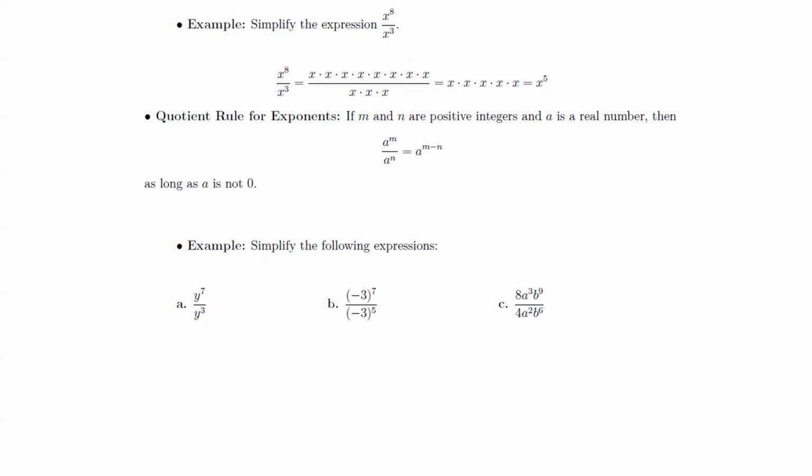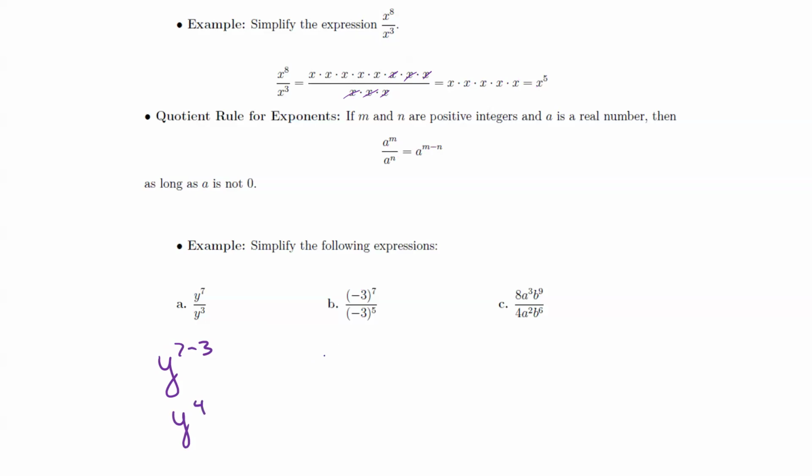Well, you're going to literally take away three of those from the top because you have those same three factors on bottom and you're canceling them out. So it would be x times x times x times x times x, which is x to the fifth. So we just end up subtracting. So in something like part A, we simplify it like that.